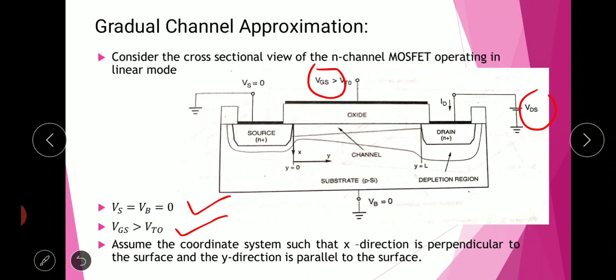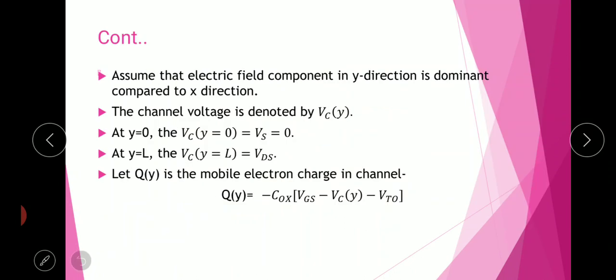Next we assume that the electric field component in the y direction is dominant compared to the x direction, because as we know the flow of electrons occurs only in the y direction. There is no movement in the x direction. Only because of that the y direction is dominant compared to the x direction.